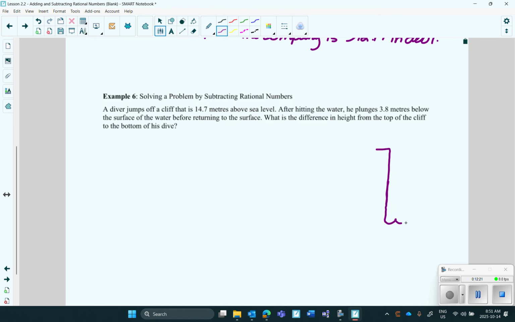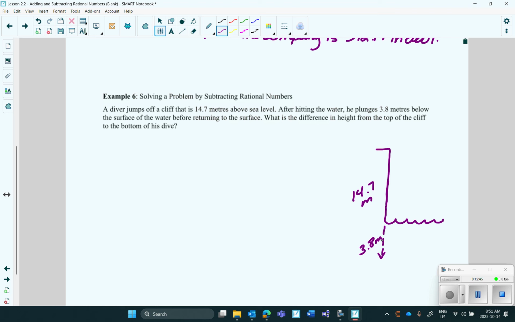So here's the water. We know this is 14.7 meters. And then we know that he goes another 3.8 meters below.